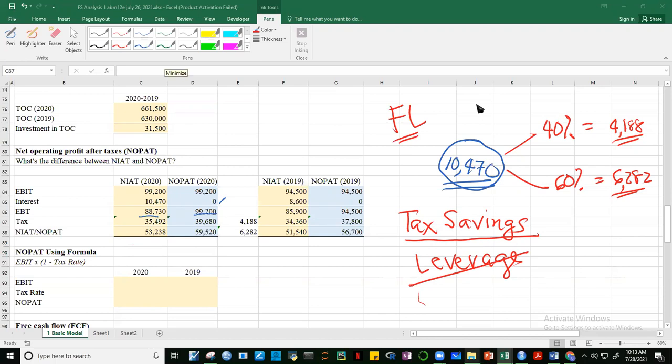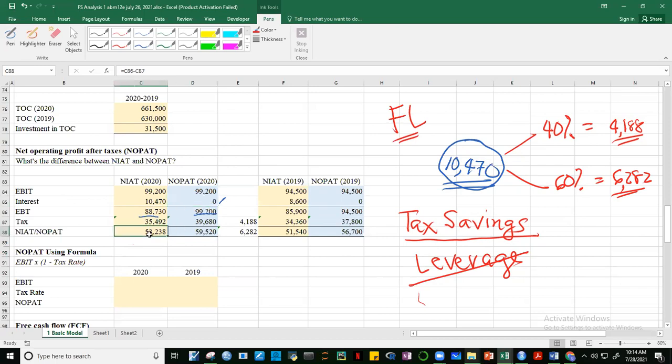Okay, so let me, once again, guys, for the last time, interest expense, no? Ang pinag-uusapan natin, interest expense. So sa NIAT, guys, i-charge natin yan. Okay? When we're computing for net income after tax. Sa NOPAT, hindi natin i-charge yung interest expense kasi ang pinag-uusapan dito natin yung operating profit. Okay? And it will be unfair to charge operations with the interest expense kasi hindi naman nila kontrolado yun.